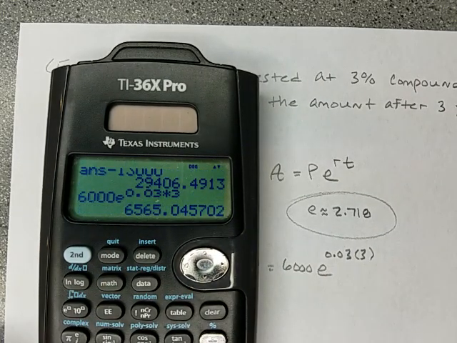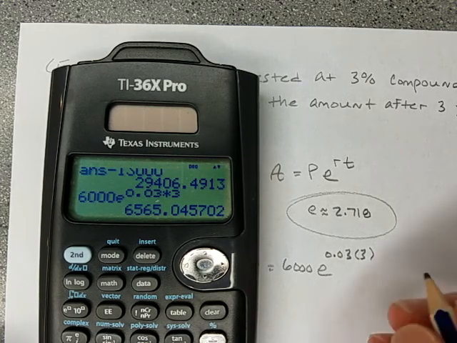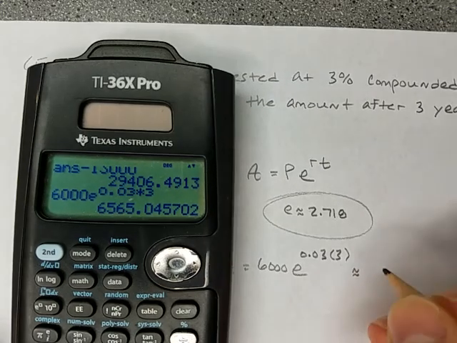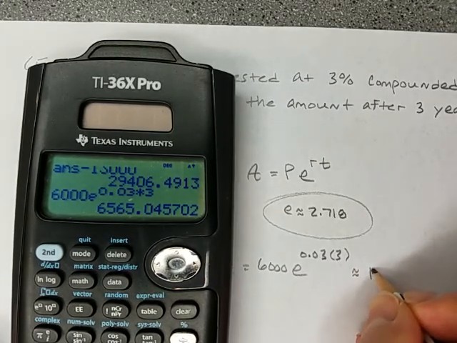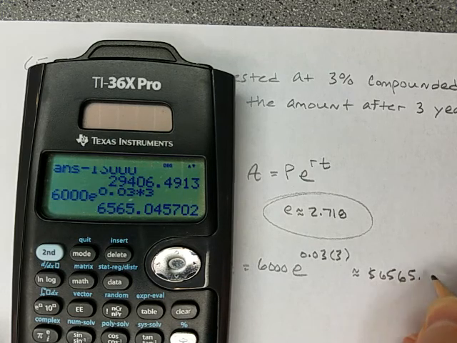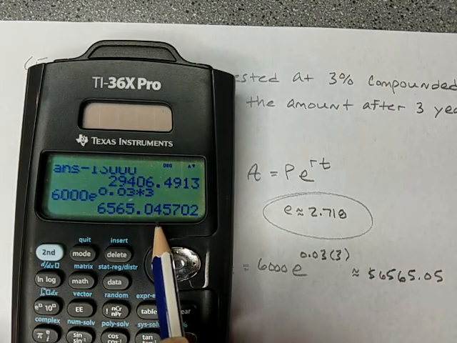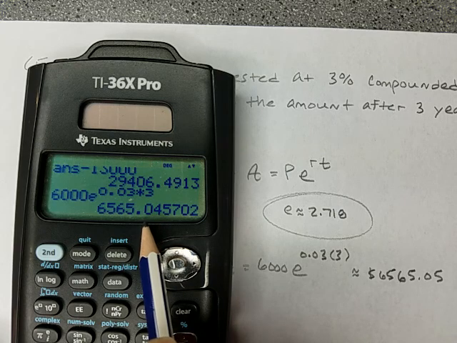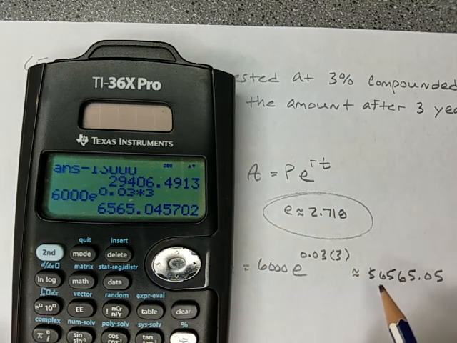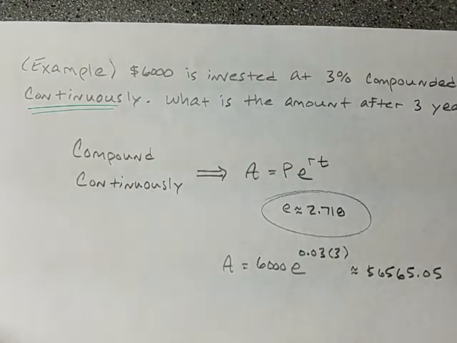And so I get 65, and 5 cents. Dollar amount, $6,565.05. The 0.045 rounds to the nearest penny as 0.05. So 6,565 and a nickel is what we're going to end up with there.